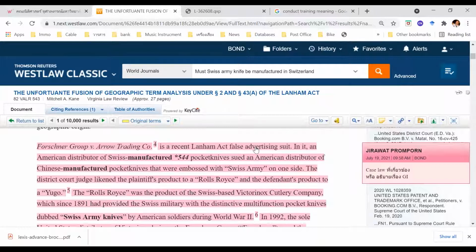You cannot use the Swiss Army knife because maybe they claim it as the GI.